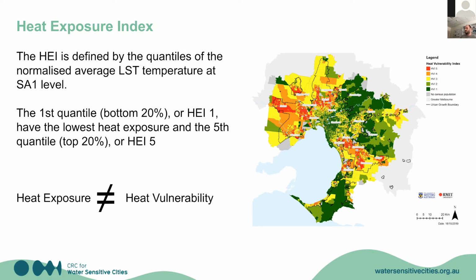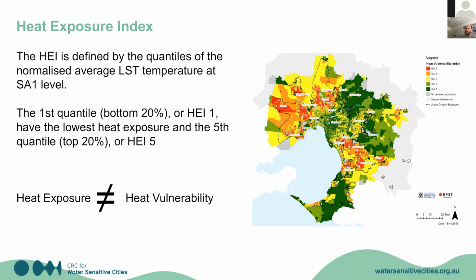Because just because it's hot doesn't mean you don't have the coping capacity to deal with heat stress, because you might be in a wealthy suburb where you have air conditioning, or it's a healthy young population. Whereas in some of the poorer suburbs, that might become an issue, particularly around elderly population. So to get from heat exposure to heat vulnerability, we need to intersect those data.